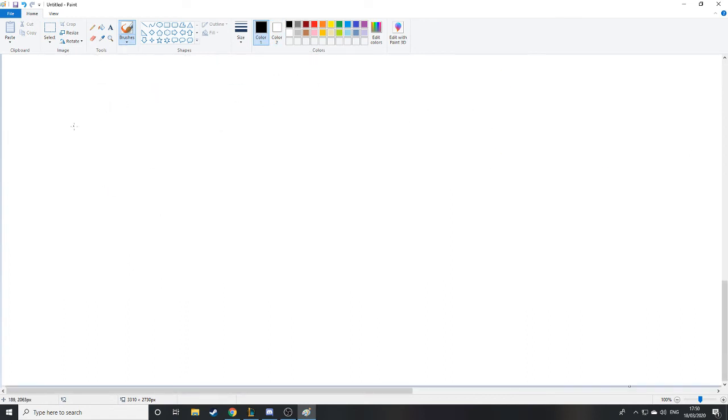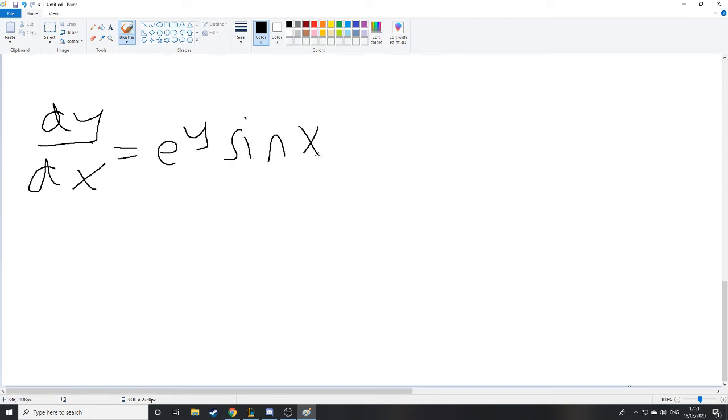Okay, so we're going to do a simple example just so you get the gist of it, and it's going to be dy by dx equals e to the y sine x. And this one is relatively simple. As you can see, we have the product of two functions.